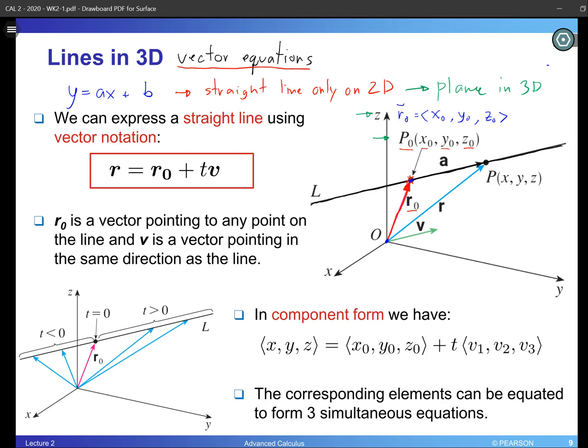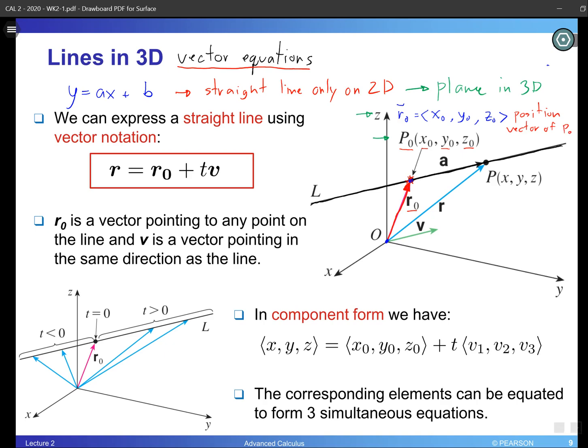When you look at R0, it points to P0. So sometimes we call R0 a position vector of P0. Make a note here: R0 is the position vector of P0, because this vector tells us where this point P0 is located in the space.